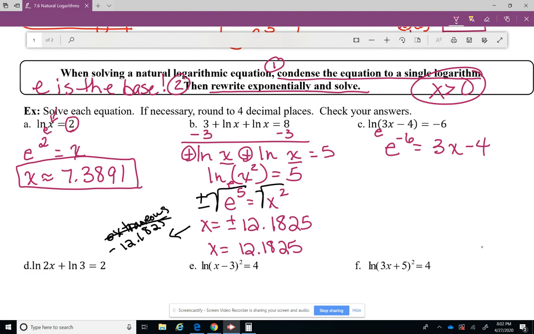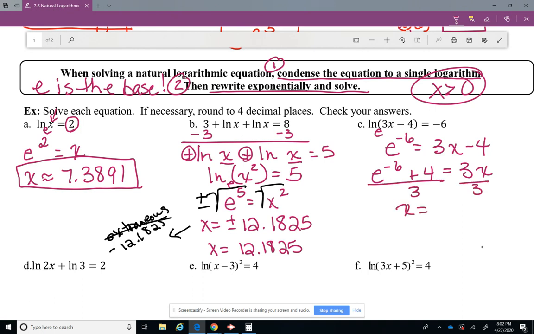So you're going to have to add 4 to both sides. So we're going to have e to the negative 6 plus 4 equals 3x. Now you know that you're going to have to divide by 3. So you're going to divide by 3, and you're going to have x equals e to the negative 6 plus 4, divided by 3. Now it's real important that you put this in your calculator a certain way. All right, so type this in.